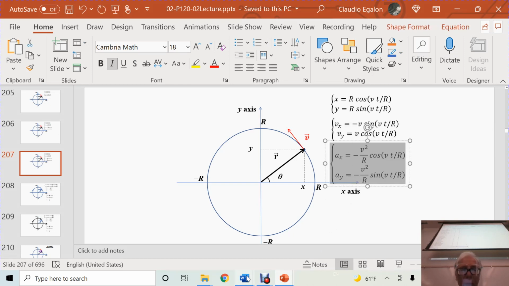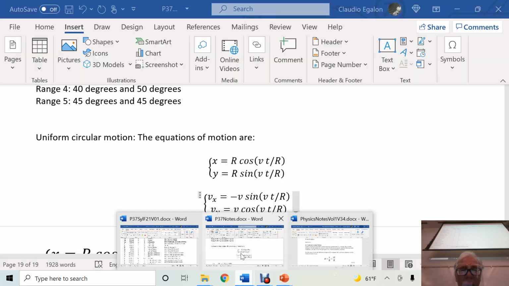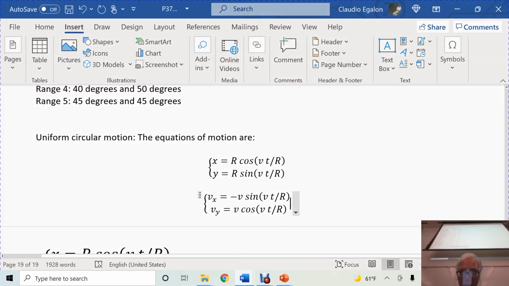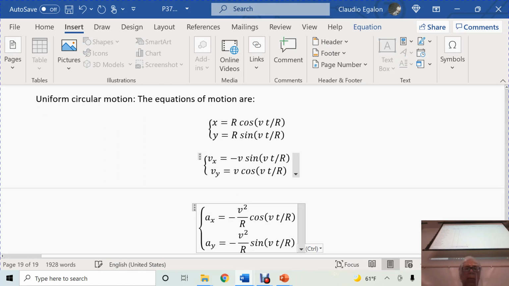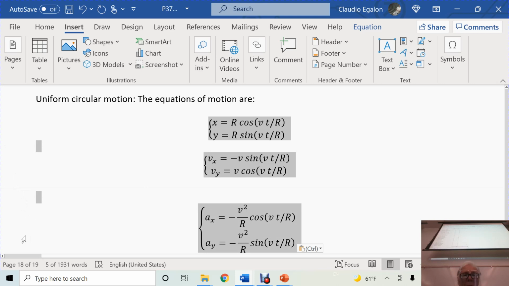The acceleration. There is one more important thing that I want you to understand. I want you to compare this with this, okay?